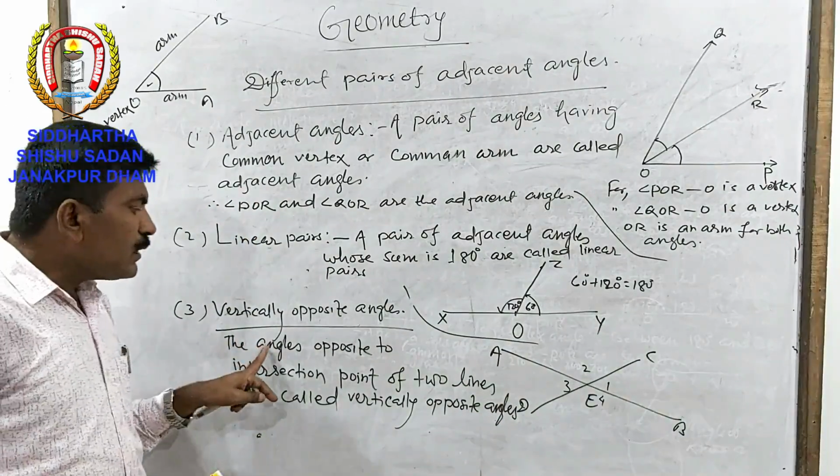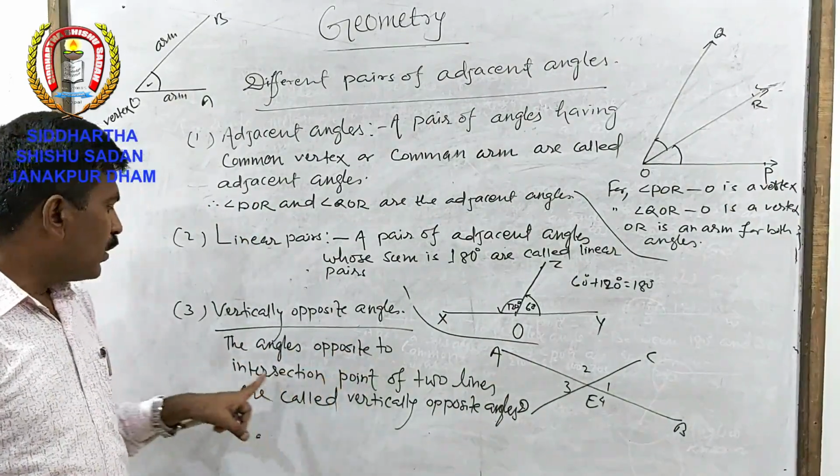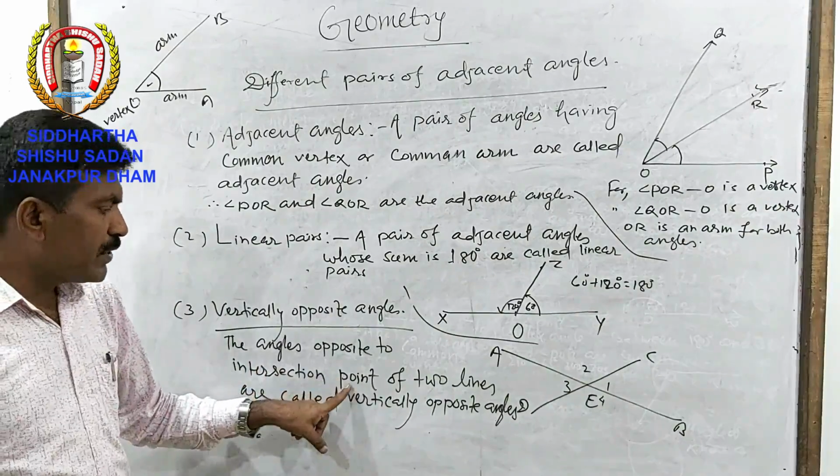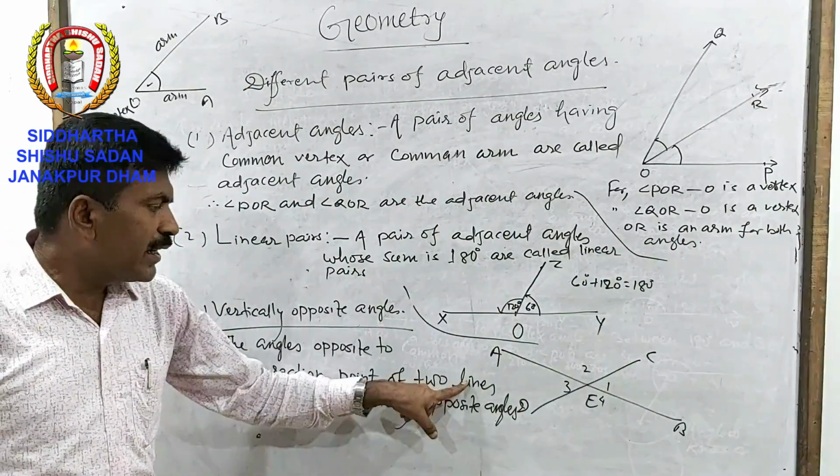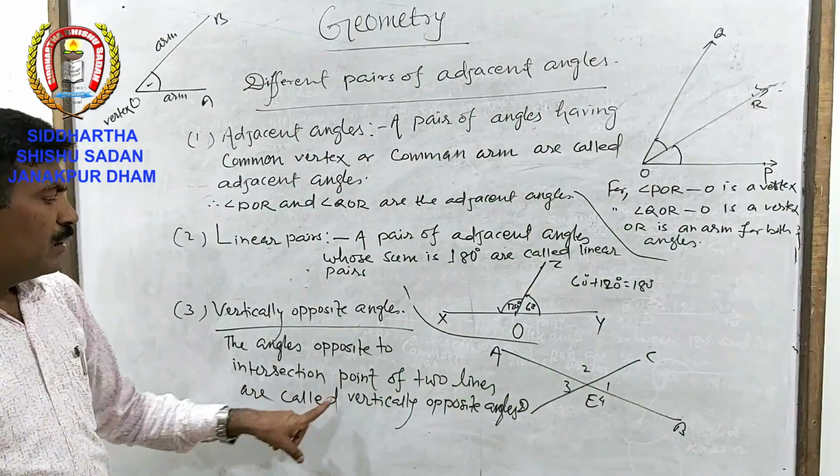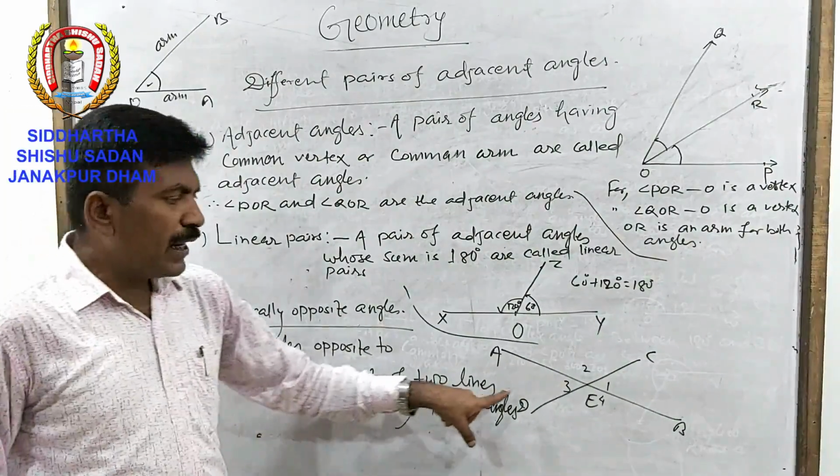The angles opposite to the intersection point of two lines are called vertically opposite angle.